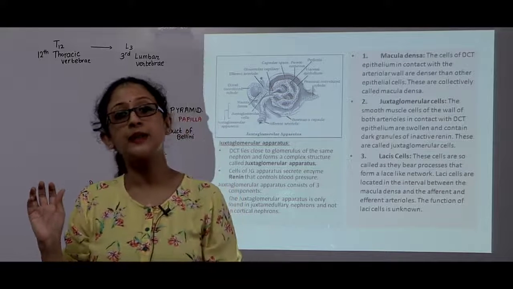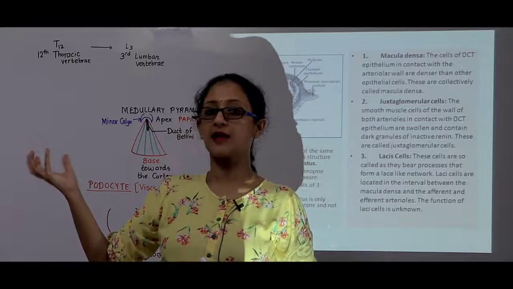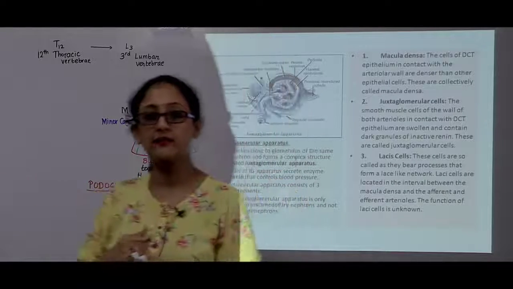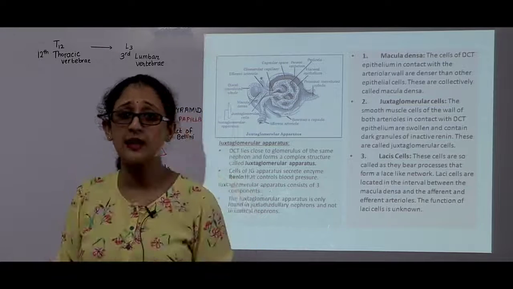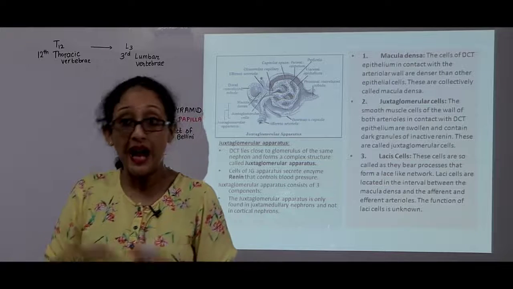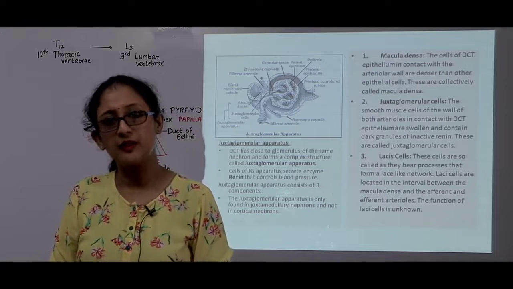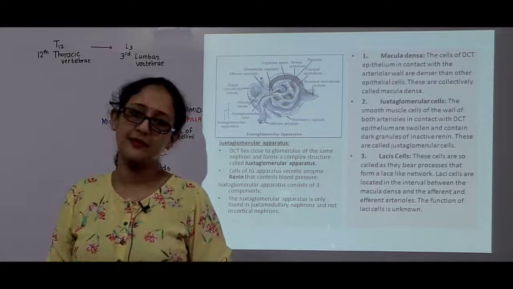So, what will happen now? Normally, in the diagram I showed you, everything is opened out nicely. But in reality it is not so. Imagine in that small kidney, to accommodate 1.2 million nephrons and other things also, everything is all cluttered up, it is all overlapping.